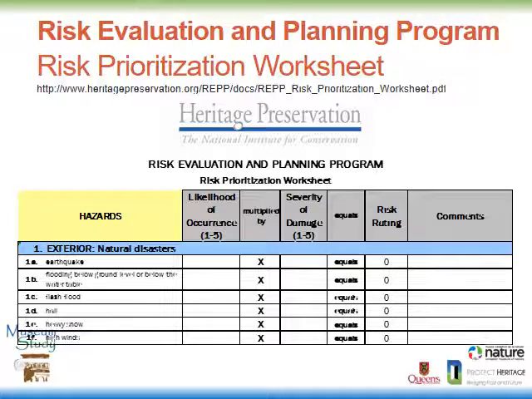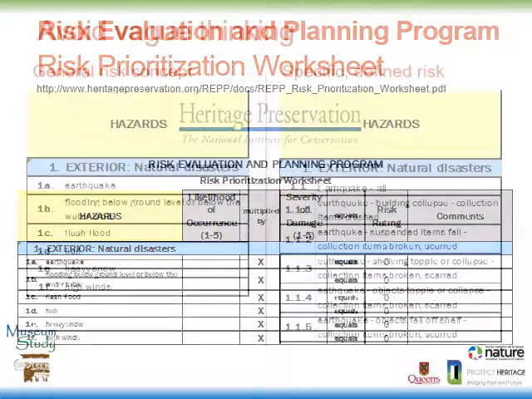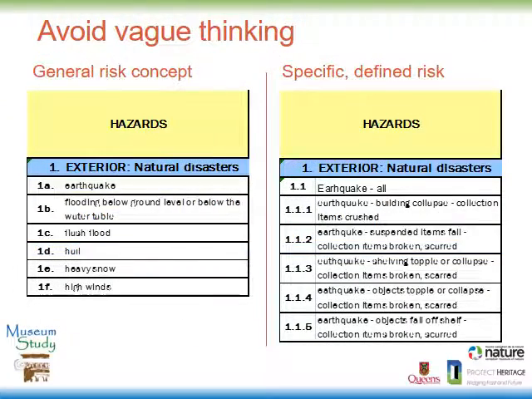Now let's look at this risk evaluation and planning program worksheet. This is the one that you would have looked at last week on the Heritage Preservation site. But we know from what we've done in the first 2 weeks of this course that it's important for us to avoid vague thinking about risks and how they're defined.